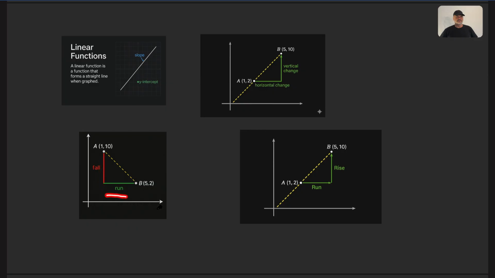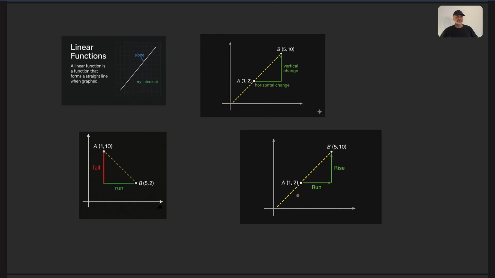The run value always is positive because as we move along x-axis from left to right, that is the direction that you always maintain. You never change that. Then the values on x-axis are increasing to the right. So 5 minus 1 obviously would give you positive results.